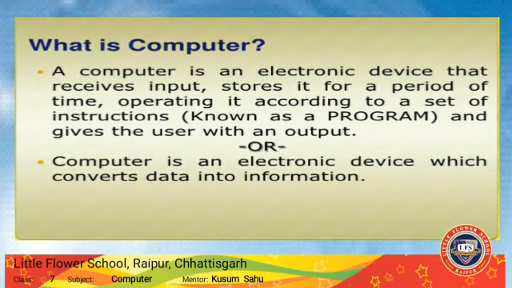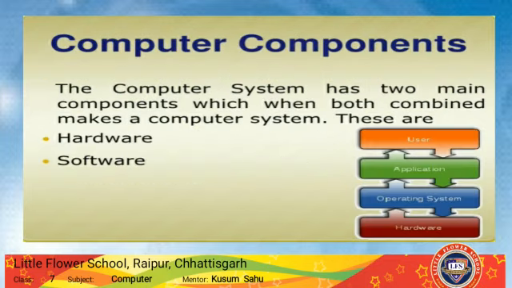Computer works with the help of its various hardware and software components. So now let us learn what are hardware and software components. The computer system has two main components which when combined make a computer system work. Means hardware and software cannot work alone.